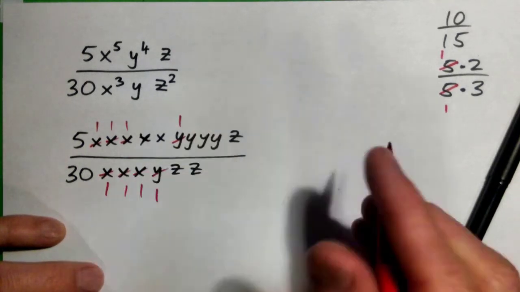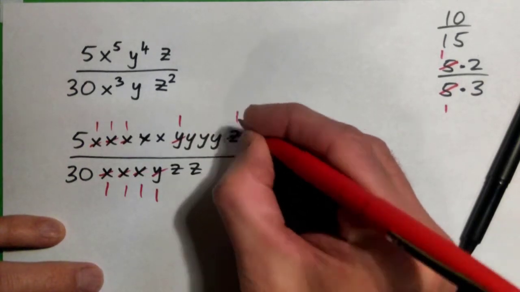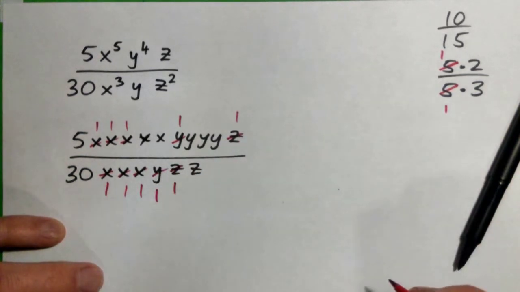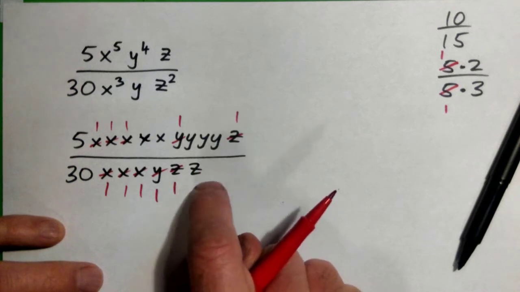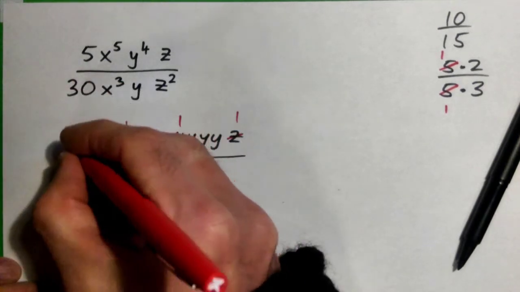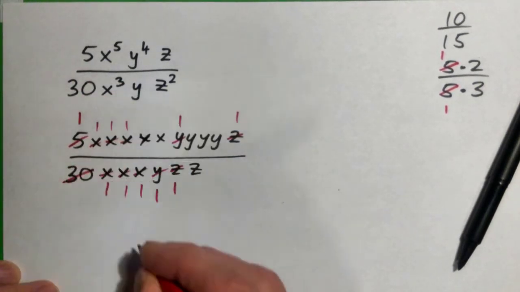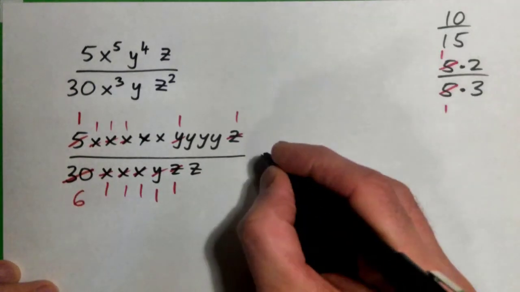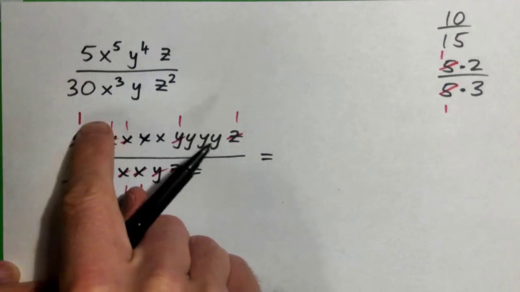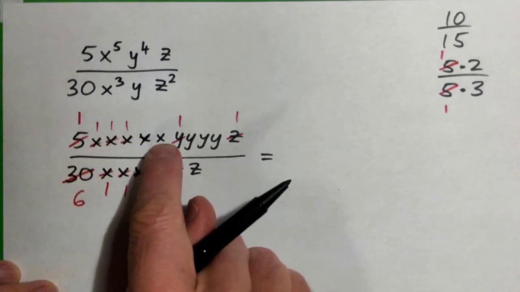Yeah, 3 y's on top, and then cross-cancel the z's, and we're left with 1 z on the bottom. Right, yep. So, 5 into 5 goes once, and 5 into 30 goes 6 times.